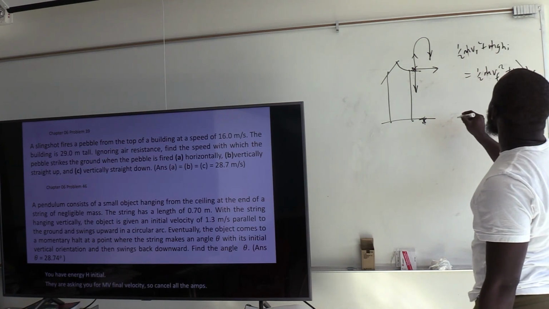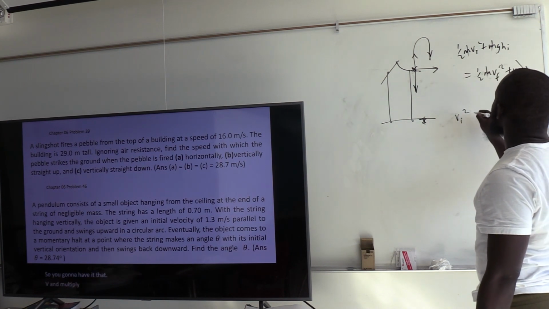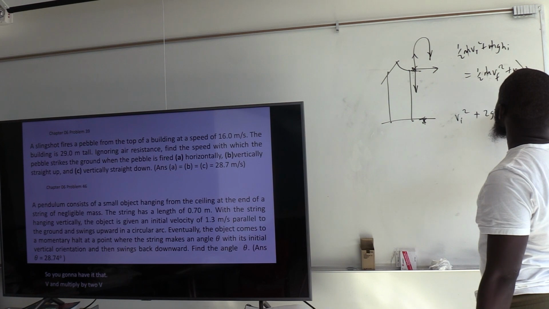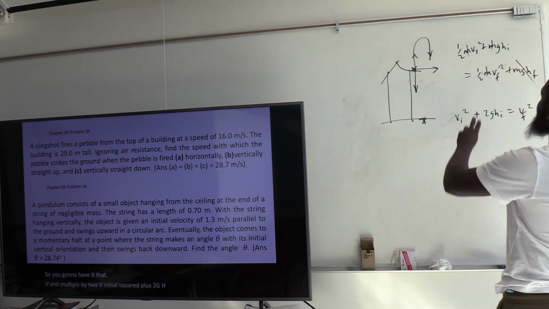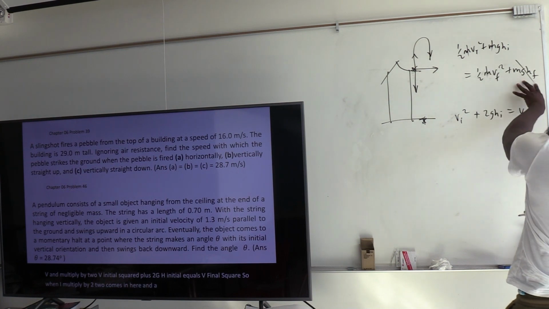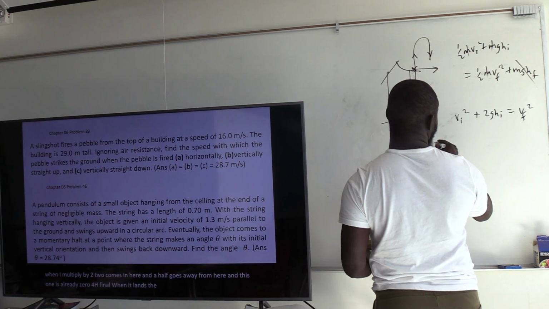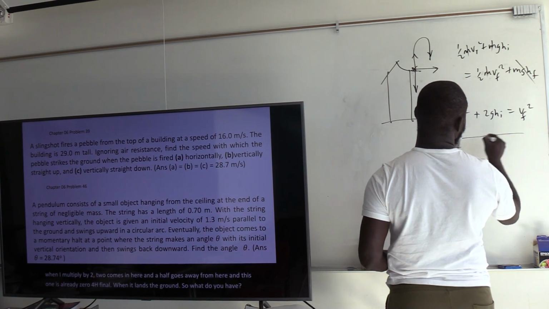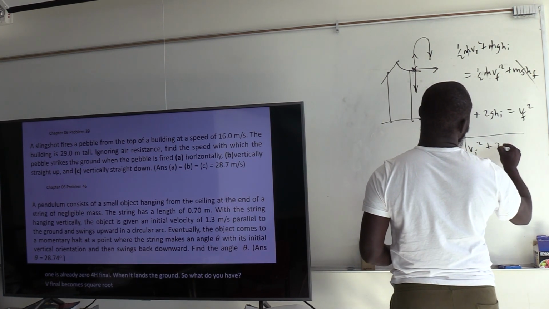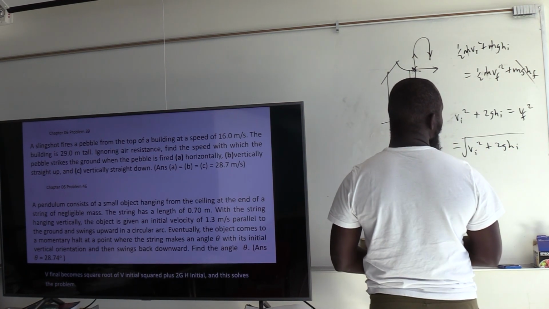Multiply by 2: v initial squared plus 2 g h initial equals v final squared. When I multiply by 2, the 2 comes in here and the half goes away, and h final is already 0 when it lands on the ground. So V final becomes the square root of v initial squared plus 2 g h initial. And this solves the problem.